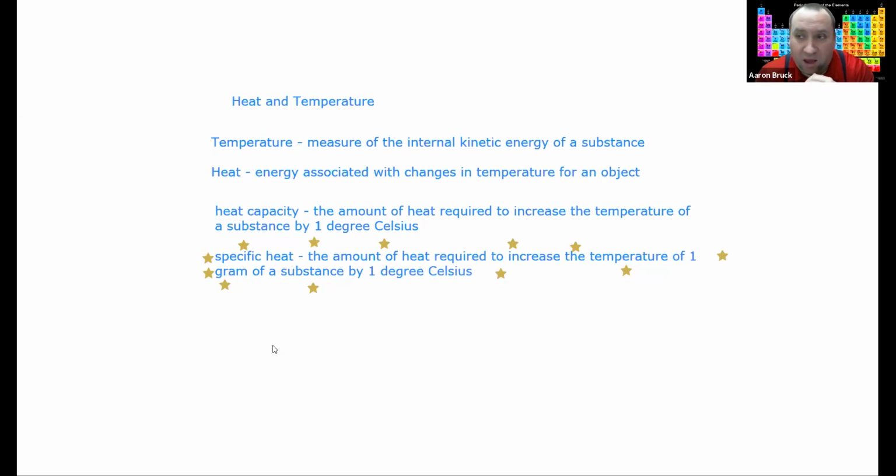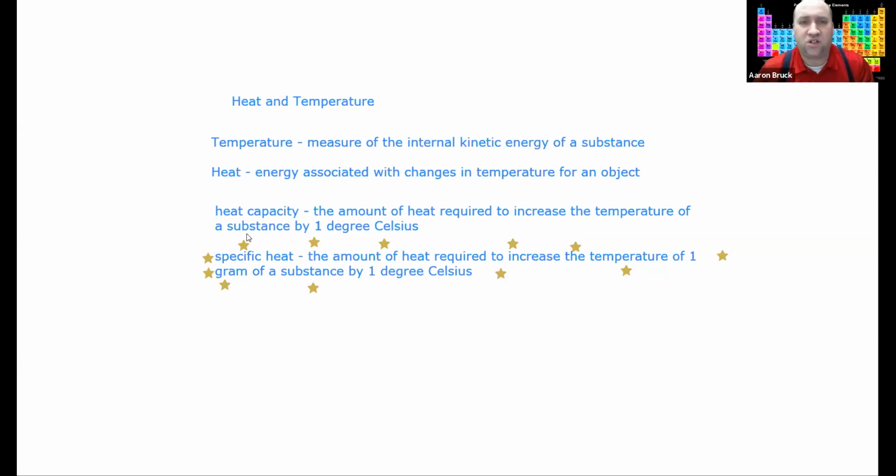Whereas a 50-pound block of iron and a 2-gram sample of water are going to require drastically different amounts of heat to increase their temperature, but they're not going to be the same thing at all in terms of having a real good comparison of the two against each other. So we tend to favor specific heat for that reason.